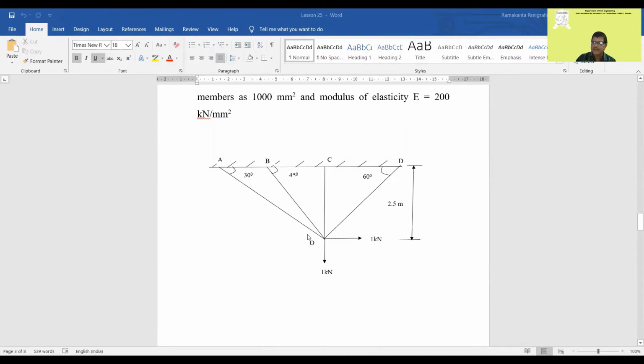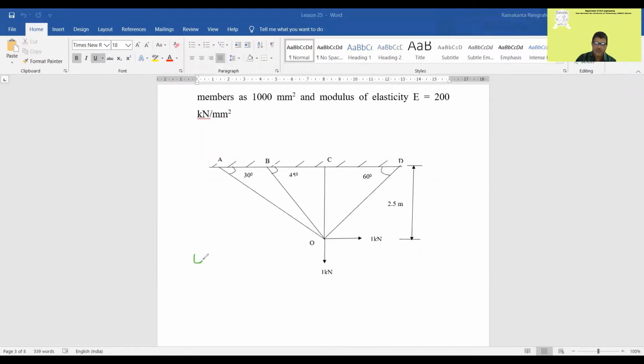You can find the member length. Sin 30 is equal to OC by OA. So the length will be 2.5 into 2, 5 meter. 5 meter means 5,000. So you can calculate the value now. This has been omitted here.